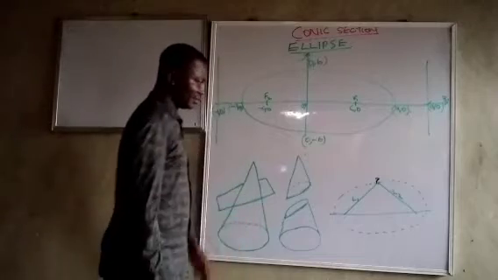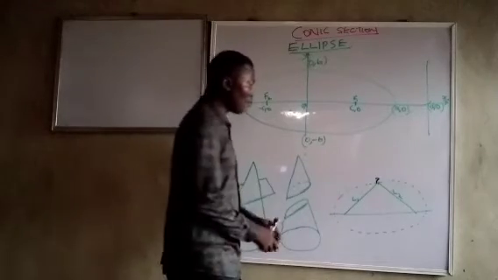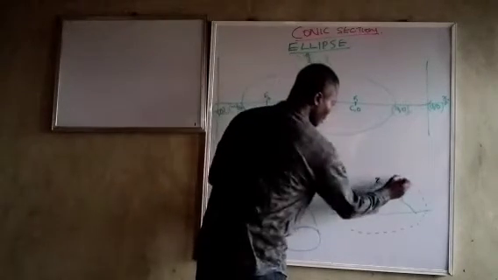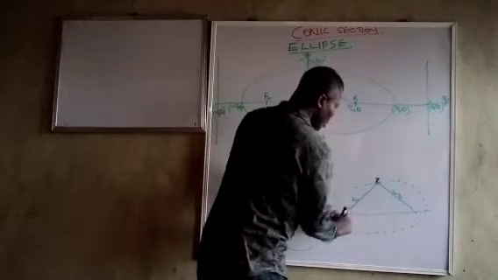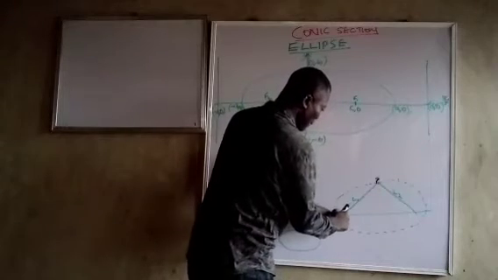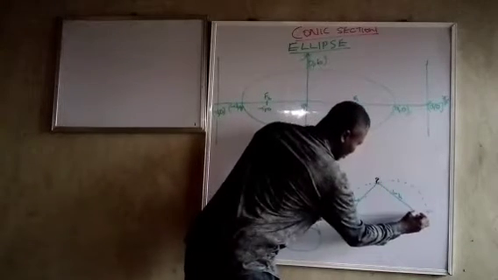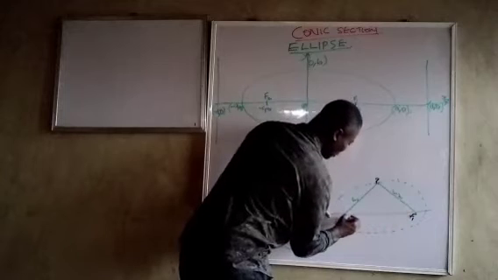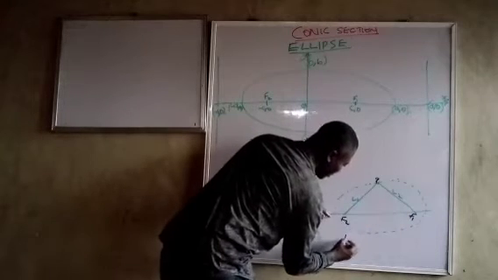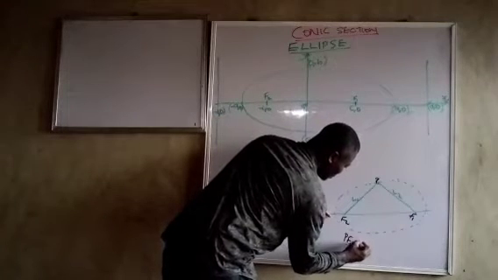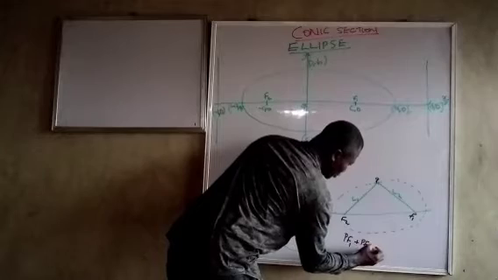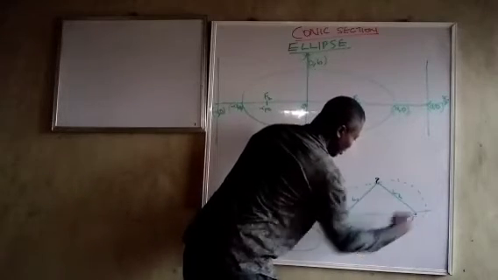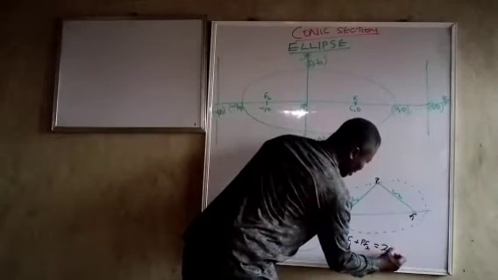So invariably, when you add the distances from P to F1 and P to F2, it's going to give you the total length of this thread, which is 2A.